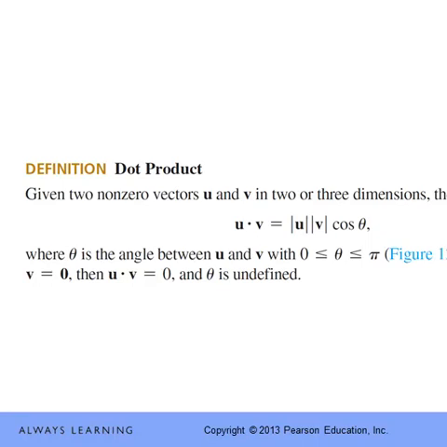Now, what if the angle between them is 90 degrees, so that they're perpendicular to each other? What would be the cosine of 90 degrees? 0. So the dot product of two vectors that are orthogonal to each other is going to be 0.